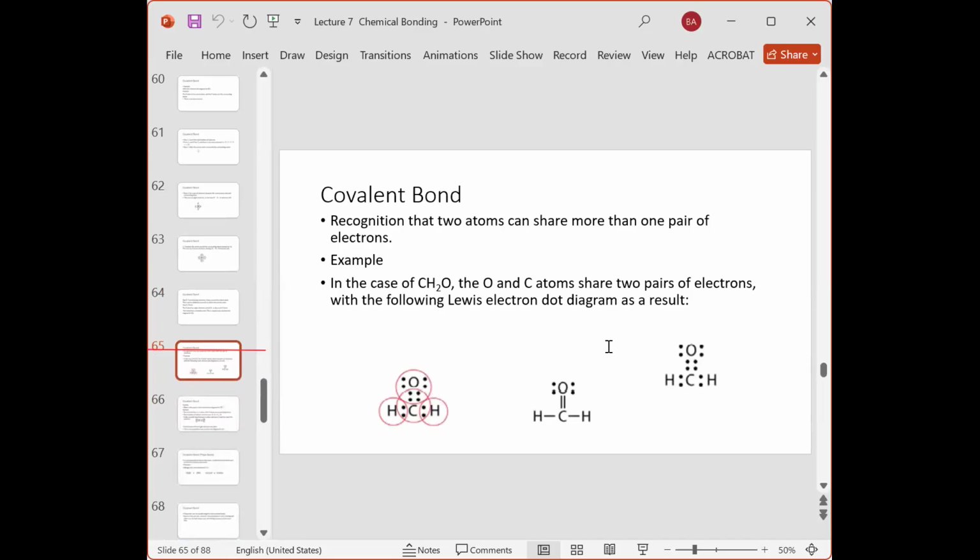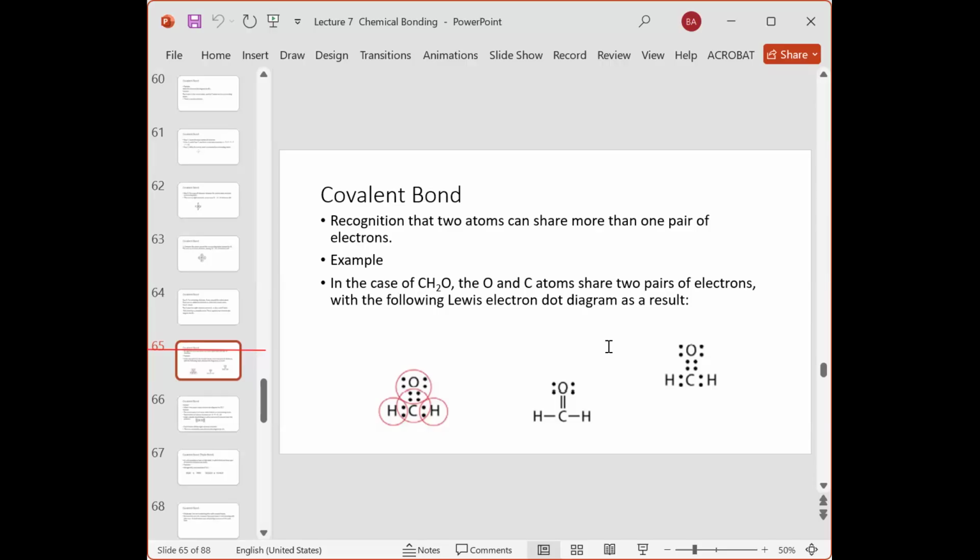There are some points where we have to find a double bond. That one needs to recognize; it comes with practice and experience. Recognition that two atoms can share more than one pair of electrons, while some of them share just one pair.